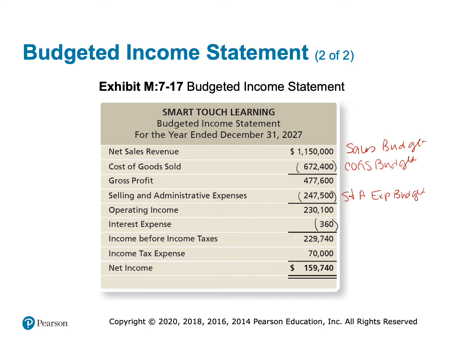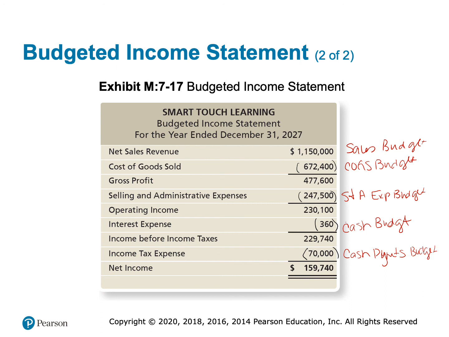So this 360 came right here off of the cash budget. That gives us income before taxes. Then we have our tax expense of $70,000. Again, that came off of the cash budget as well, or the cash payments budget actually. And then we get our budgeted net income.